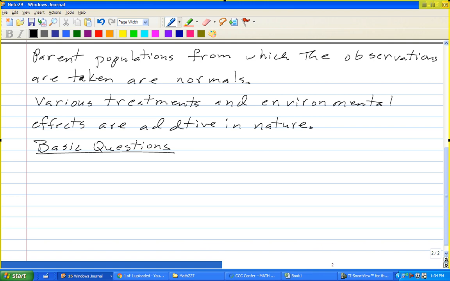Here, one of the questions is, are all the means from several populations the same?